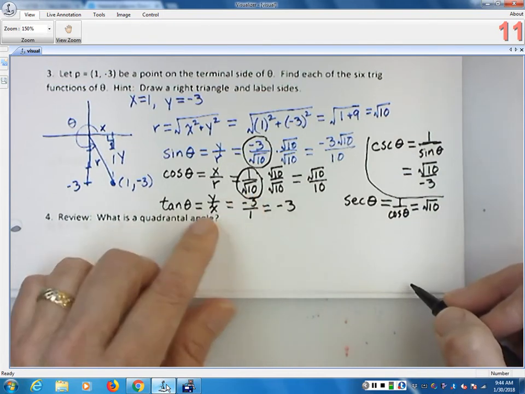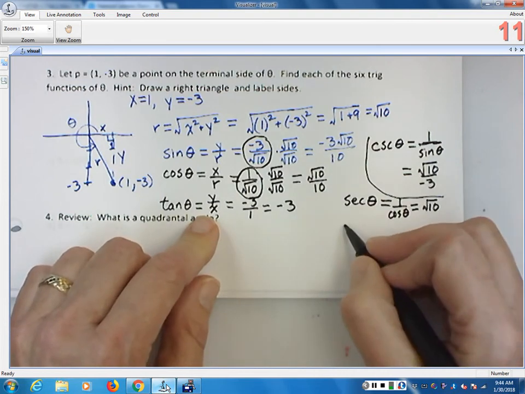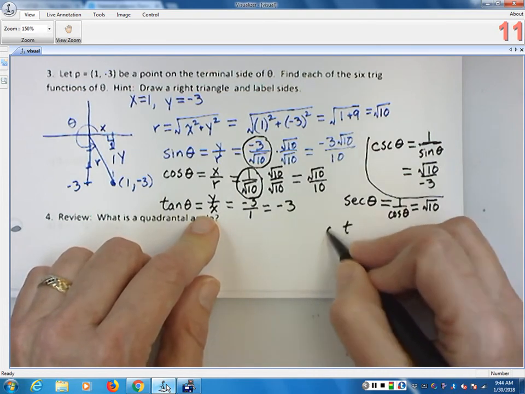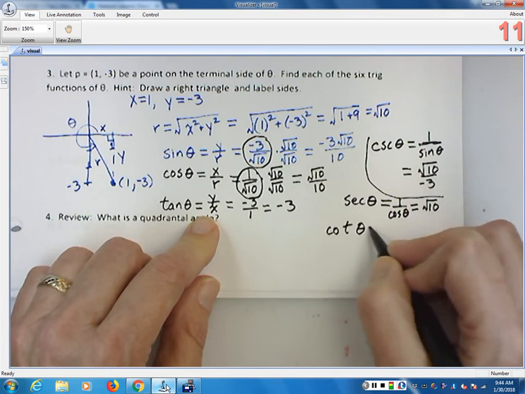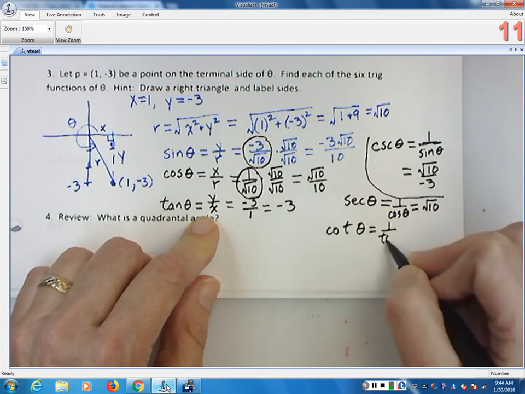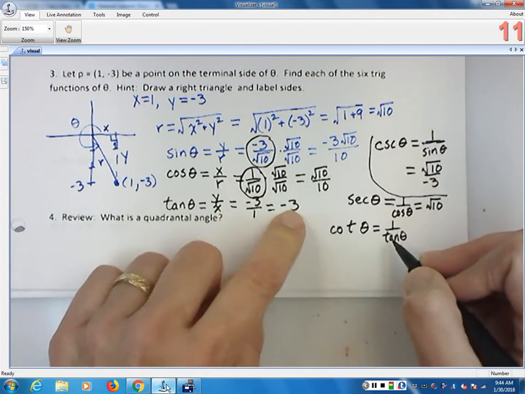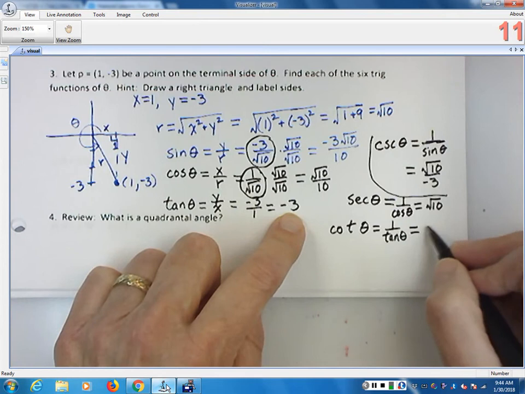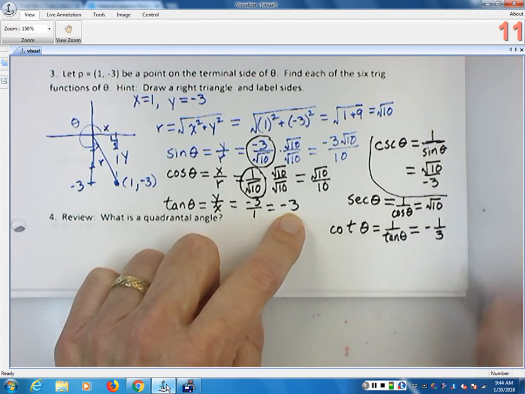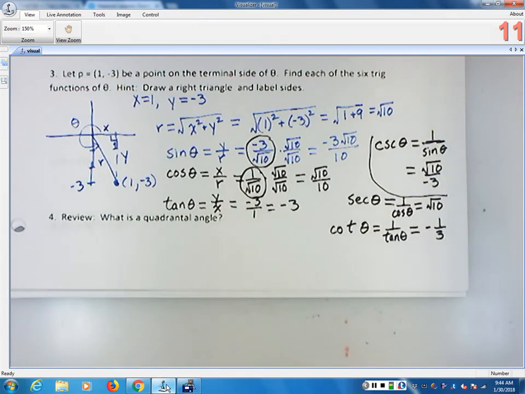And then cotangent theta is 1 over tangent theta. So I can take the reciprocal of minus 3, which is minus 1/3. Remember, reciprocal: just take 1 over it, or you flip the fraction.